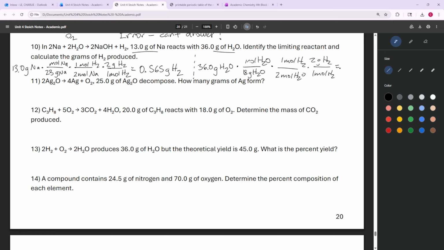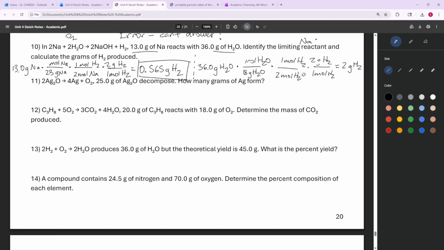So doing that math, 36 divided by 18 times 1 divided by 2 times 2 divided by 1, that is 2 grams of hydrogen. So it looks like in this case, sodium limits the reaction, and we can only make 0.565 grams of hydrogen. Okay.